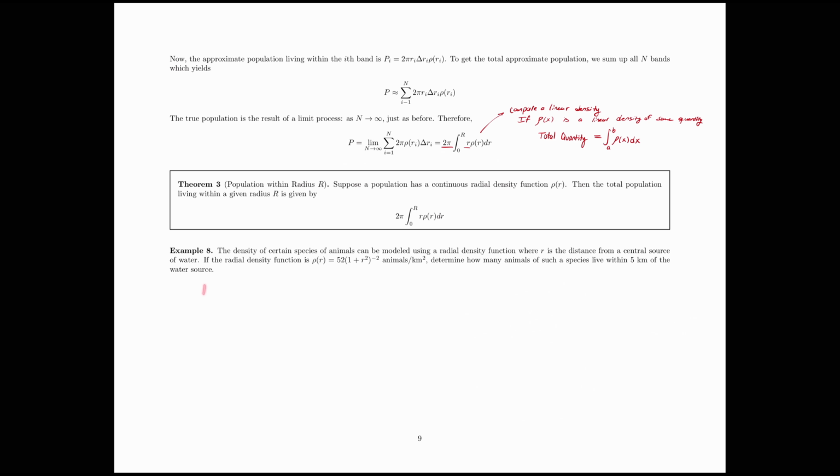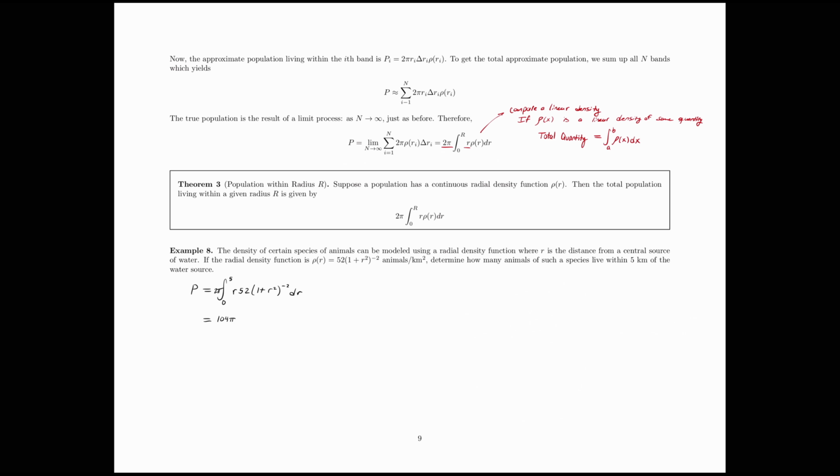Okay, so let's say the total population, P, is the integral of 2 pi from 0 to 5 kilometers of r times our density function, so 52 times 1 plus r squared to the negative 2 dr. Of course, 52 is a constant, I can pull that out and get 104 pi.